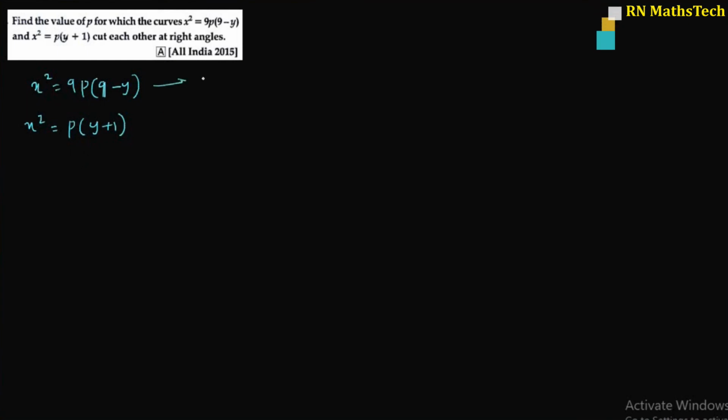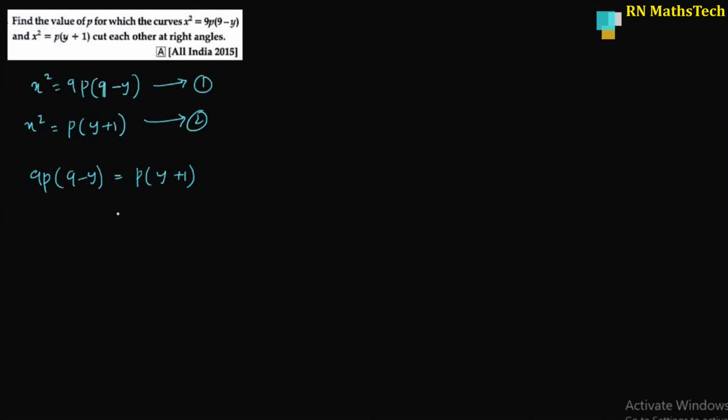So this is equation number 1, this is equation number 2. Now from 1 and 2 we have left hand side is same, so we can equate the right side. 9p into 9 minus y is equal to p into y plus 1.